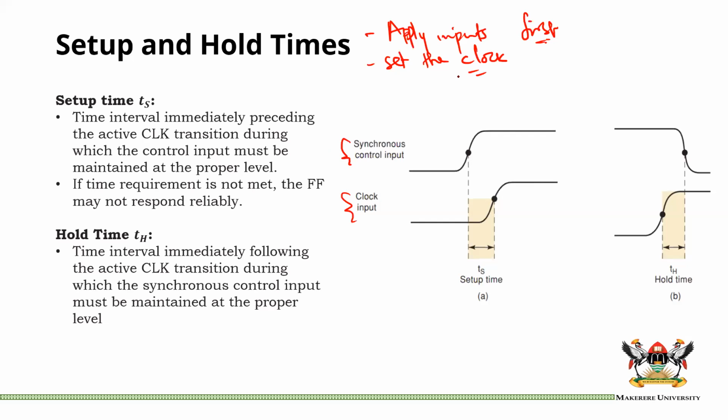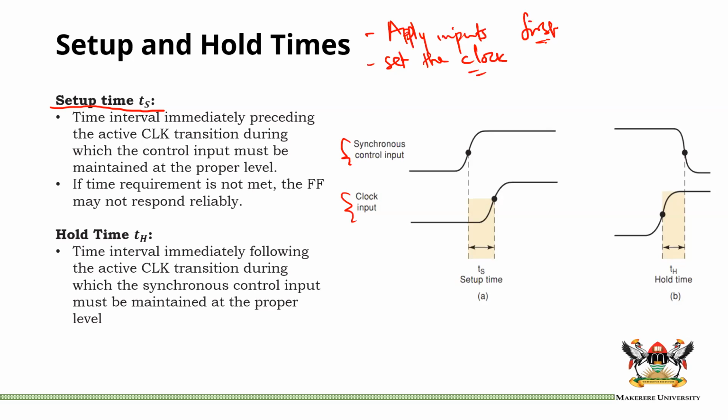Now the difference between these two events is what we call the setup time. In other words, once I change my inputs, I should leave a certain minimum amount of time before I give the correct clock transition, or the active clock transition. The reason is that when I change my inputs, I set them to 1, for instance, they will take time to get to 1.